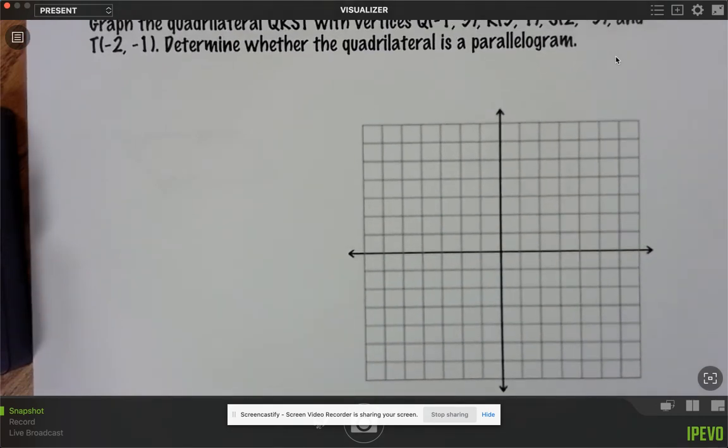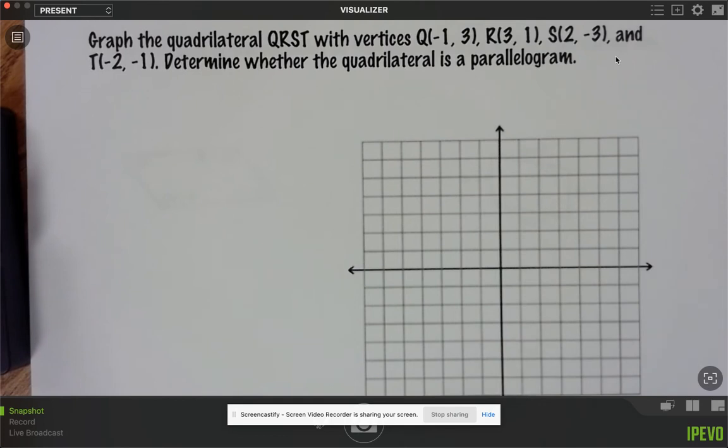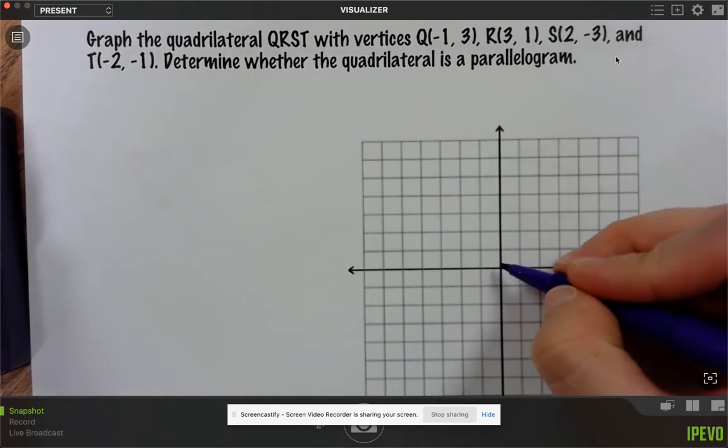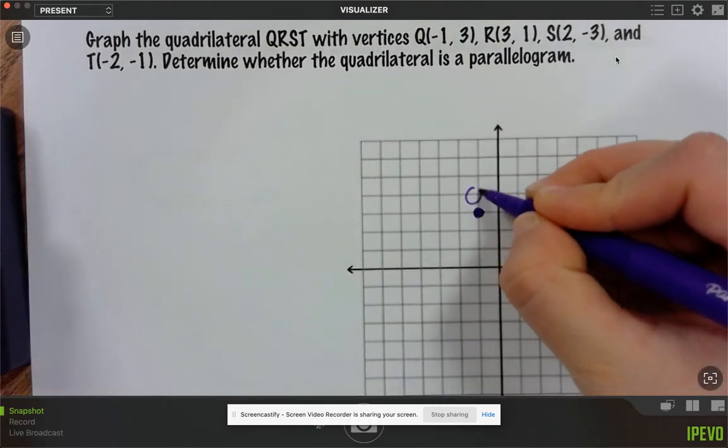All right, here we go. It says graph the quadrilateral QRST with vertices Q, R, S, and T. Determine if the quadrilateral is a parallelogram. So step one, let's graph it and see what we're working with here. So Q, -1, 3. Definitely label your points.